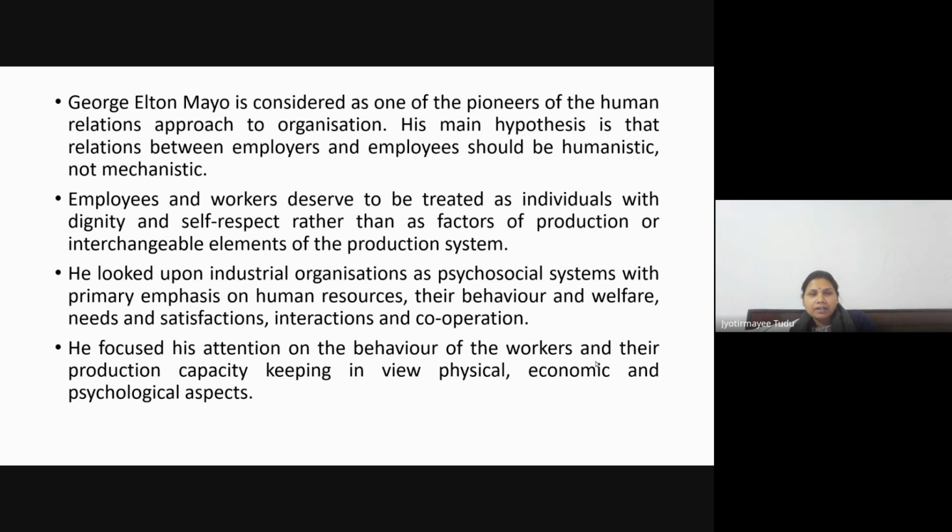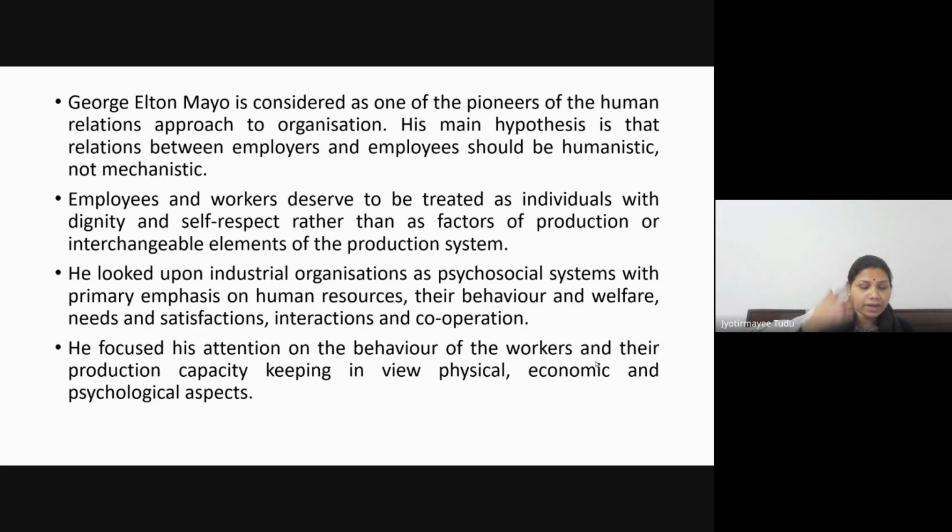So here Elton Mayo perceived that industrial organization could be taken as a psychosocial system. While we are saying that these organizations are run by human beings, how could they detach themselves from mental needs, satisfaction, interaction and cooperation?